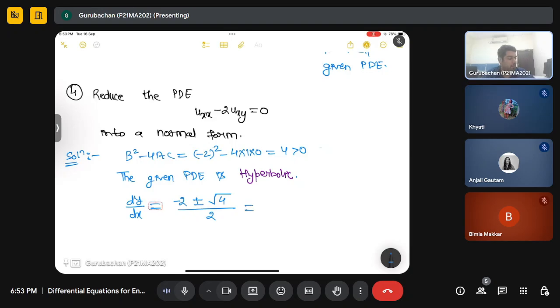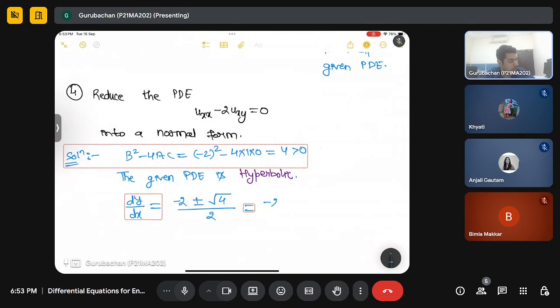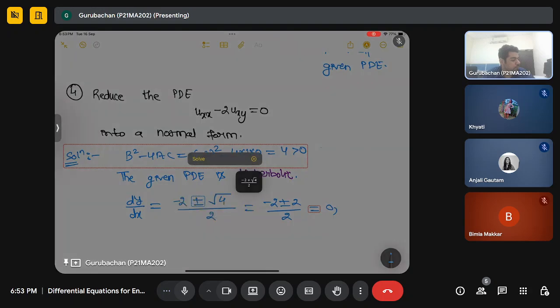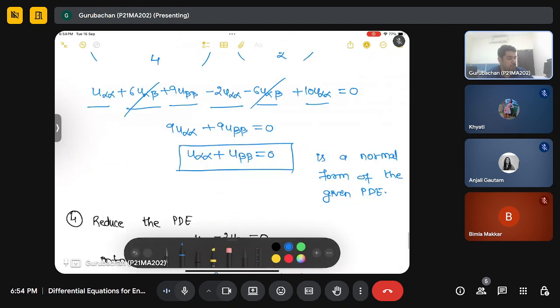So it will be 2 plus or minus 2 divided by 2, once giving 0 and the other time giving minus 2. Here I forgot to mention one thing in the earlier question also.